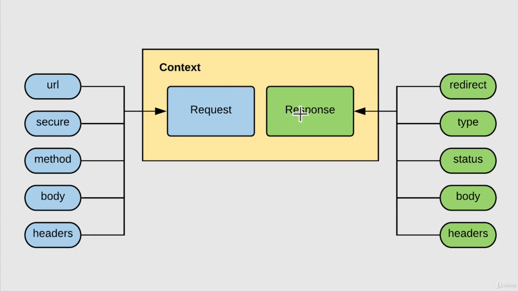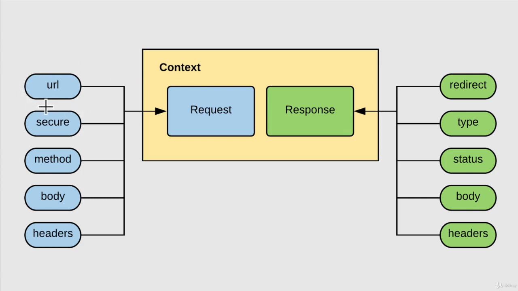These are two objects that are available inside of the context object. The request is an instance of the request class, while the response is an instance of the response class.